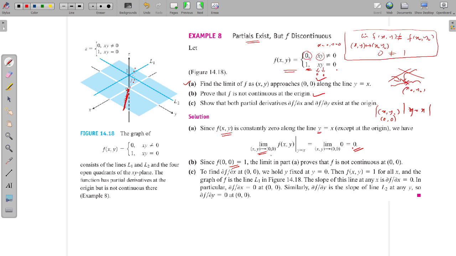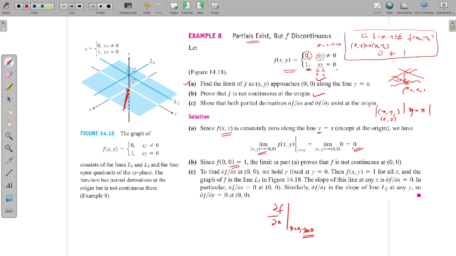But when you find the partial derivatives at the point (0, 0), that means the partial derivative of f, dou f by dou x at the point x equal to 0, y equal to 0, we need to set y equal to 0 always.